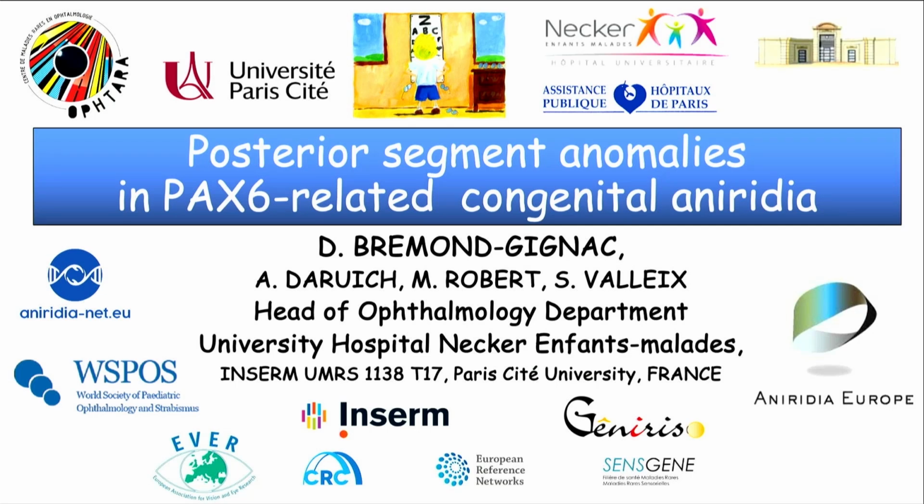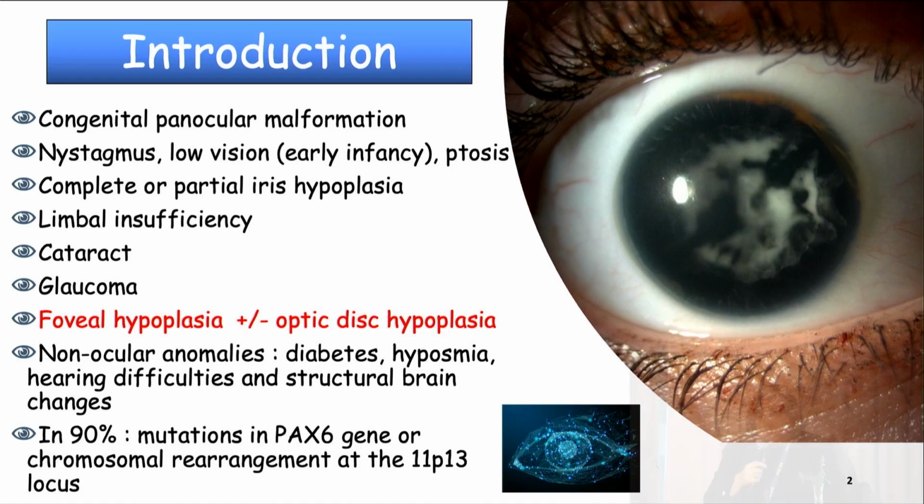So we know that aniridia is not only anterior segment dysgenesis, so we know that very well. So that's why posterior segment anomalies in PAX6 related congenital aniridia are important, are relevant to know. And that's why we went to that.